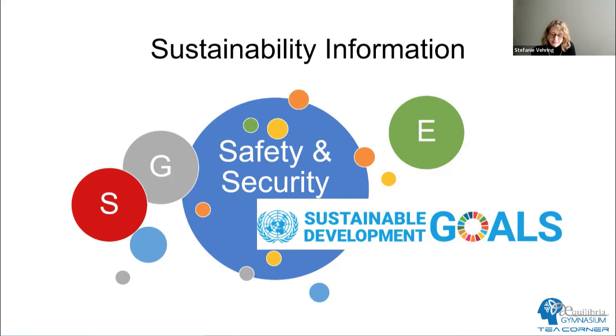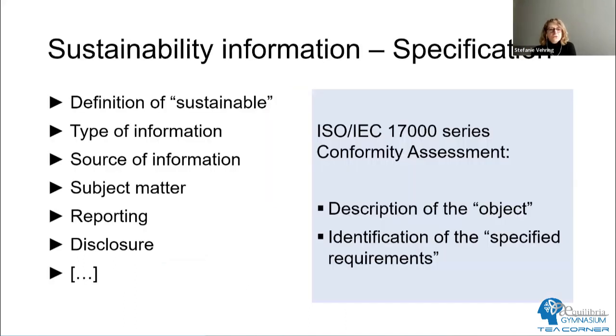Coming from a technical world, I would like to mention that the good old dear qualities, safety and security also, very much contribute, to my mind, to a sustainable world. So this is what's out there and what is to be compiled, expressed, reported, or even disclosed as sustainability information. It has to be specified somehow.